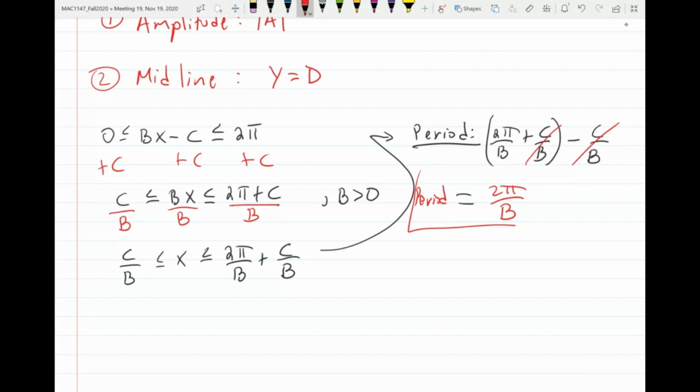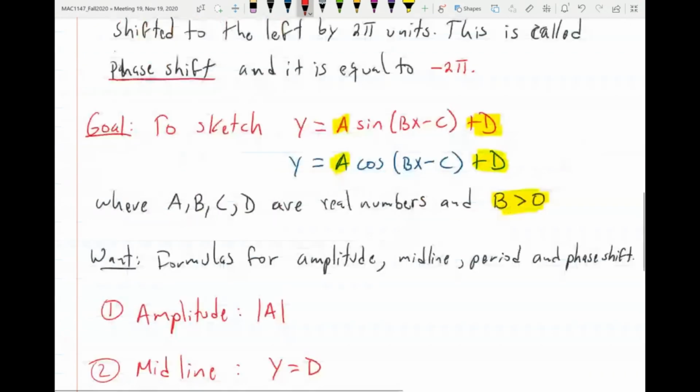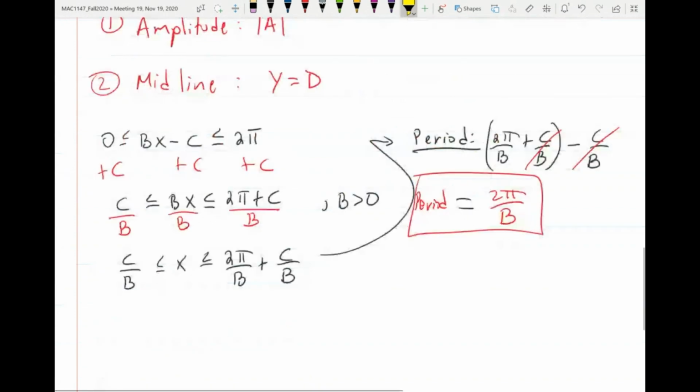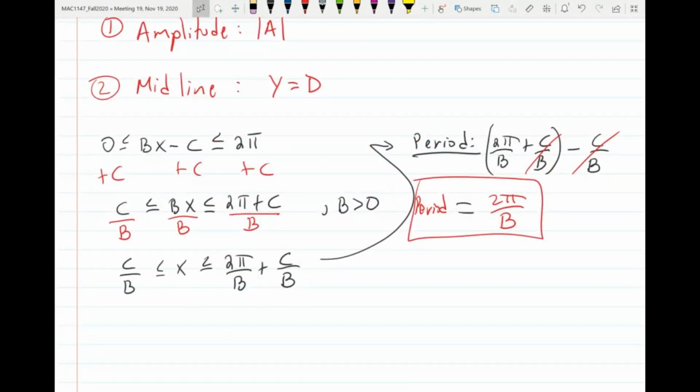Okay, so this is always the case. In other words, this minus c that we have here has no effect on the period whatsoever. The one that's responsible for the period of the function is the number that is multiplying the x, and it will always be 2 pi divided by that number.